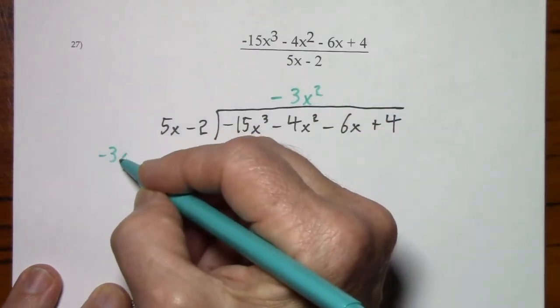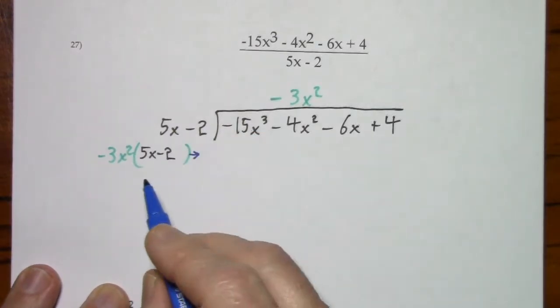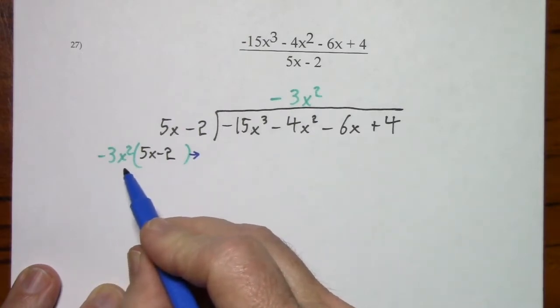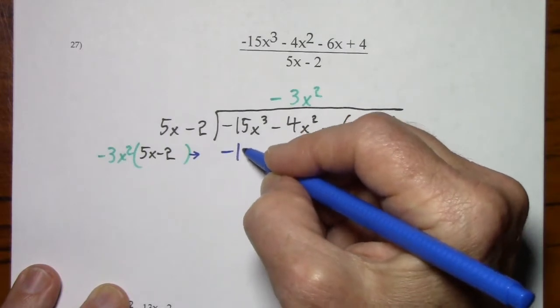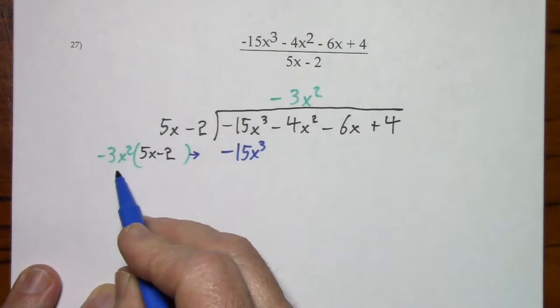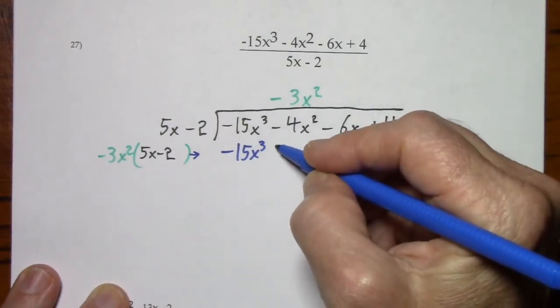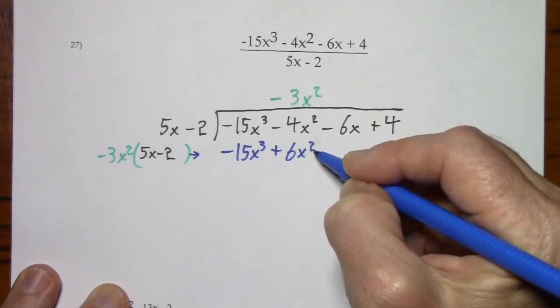So negative 3x squared times 5x minus 2. Negative 3x squared times 5x gives us negative 15x to the third. Negative 3x squared times negative 2 gives us plus 6x squared.